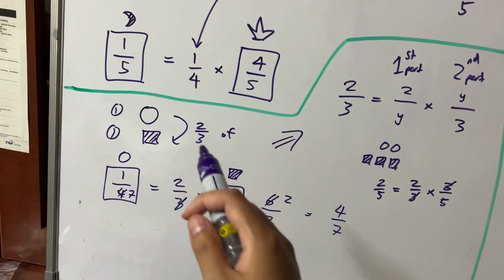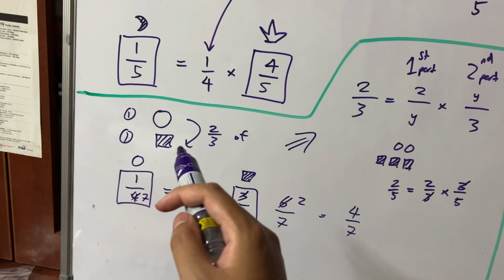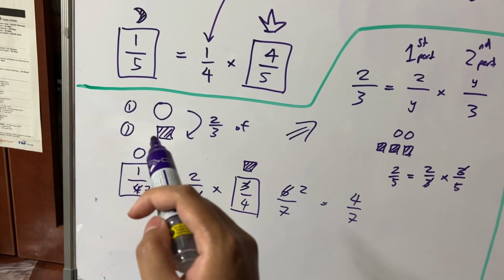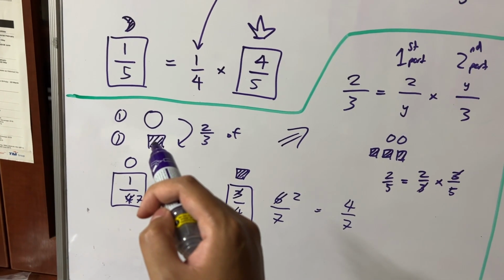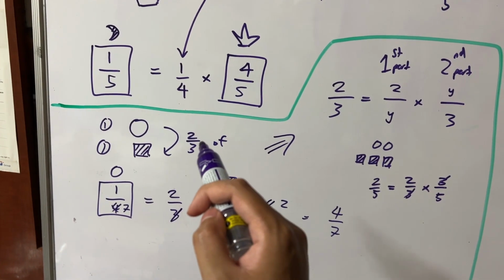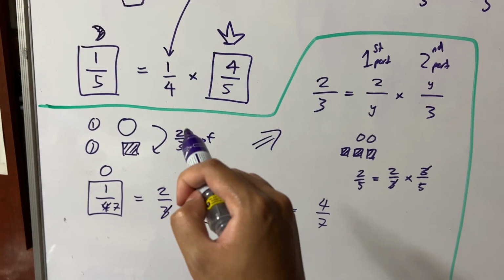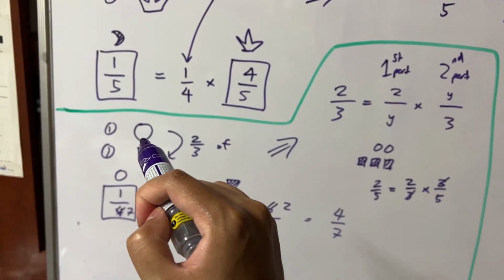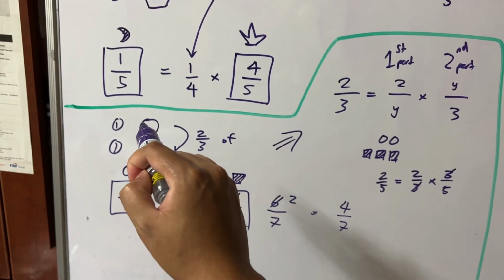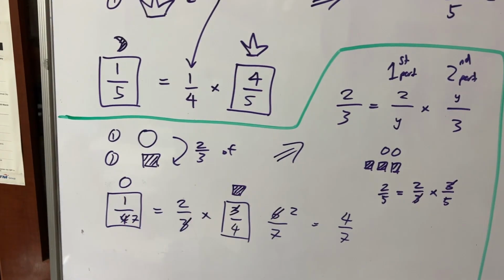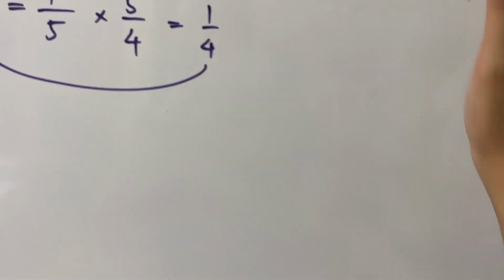So if we have to find the probability of circle equal to 2/3 of the probability of square, then we know that we need to put 2. The top part will be the number of circle, and the bottom part is the number of square. So let me put this into a sentence.